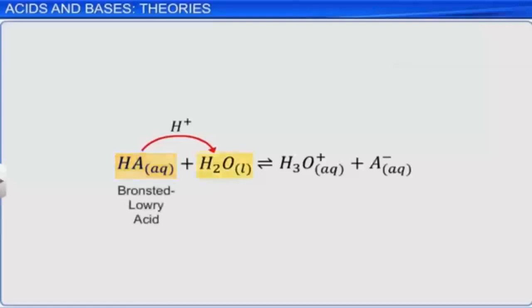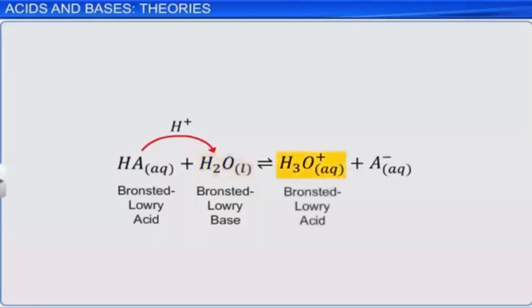Did you notice that water, which acts as a Bronsted-Lowry base, has turned into a Bronsted-Lowry acid after accepting the proton, and the species HA, which acts as a Bronsted-Lowry acid, has turned into a Bronsted-Lowry base after donating the proton?